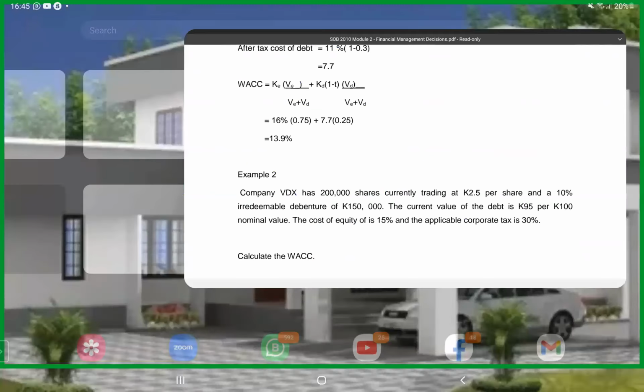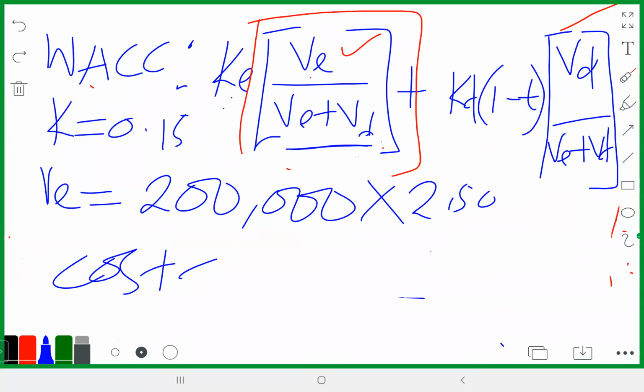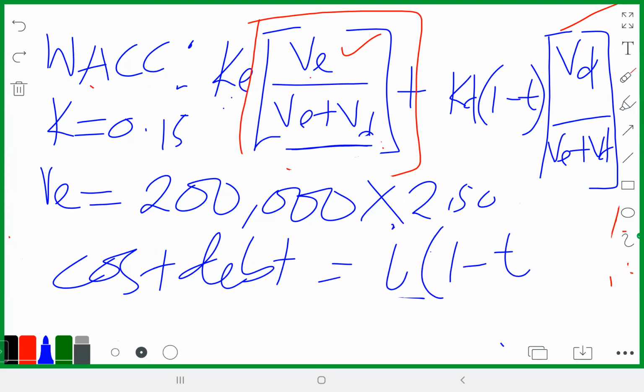The cost of debt for an irredeemable debenture is the interest, times 1 minus tax, divided by the current market value of the debt, V of debt. When you divide that, you find the cost of debt.